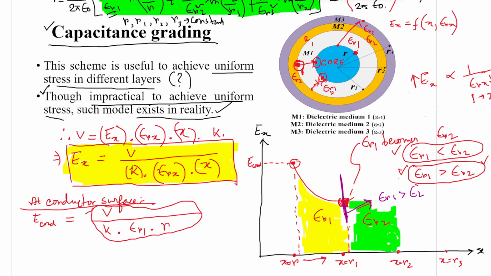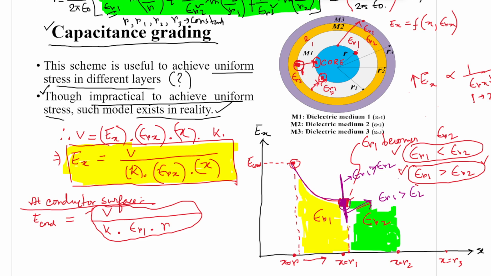So both can happen, right? After reaching this point, the electric stress can go in either direction depending on the values of epsilon R1 and epsilon R2.